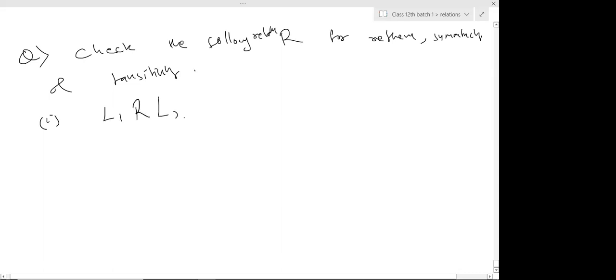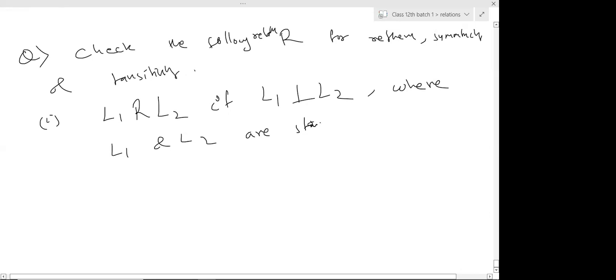L1 is related to L2 if L1 is perpendicular to L2, where L1 and L2 are straight lines in a plane.